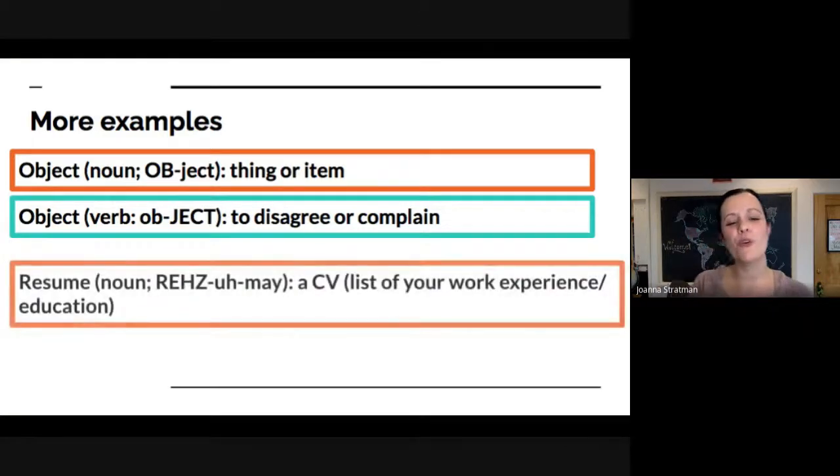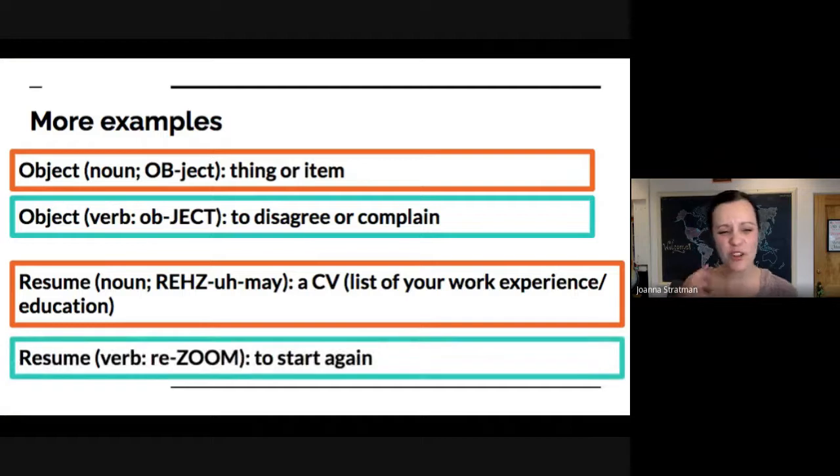Finally, we have two more words that are a little bit different. The first word here is resume. And a resume is a noun. And in American English, your resume is your CV. It is a list of your work experience or education when you are applying for jobs. In American English, CV is not common.